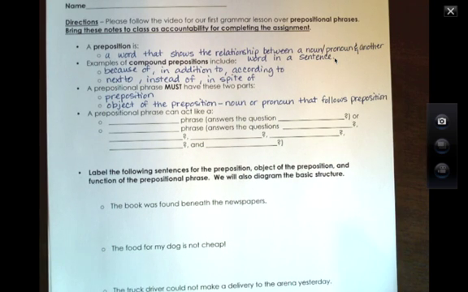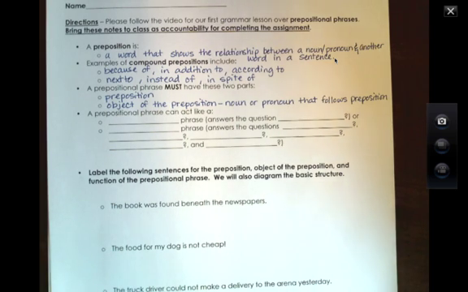So, when you're looking at your sentences, to diagram them, like last week, we crossed out the prepositional phrases. To figure out where a prepositional phrase ends, we've got to look for the object of the preposition.